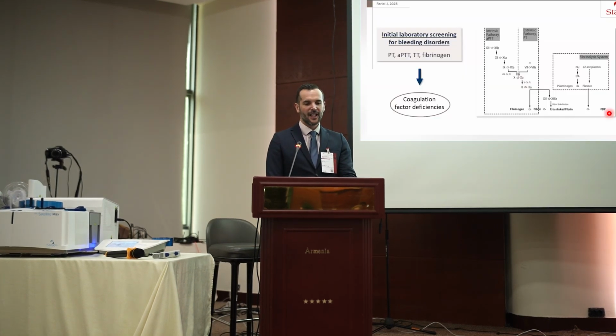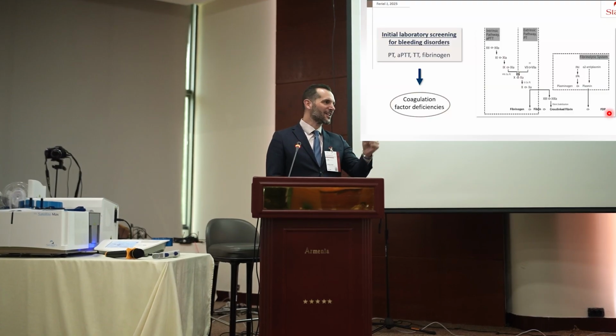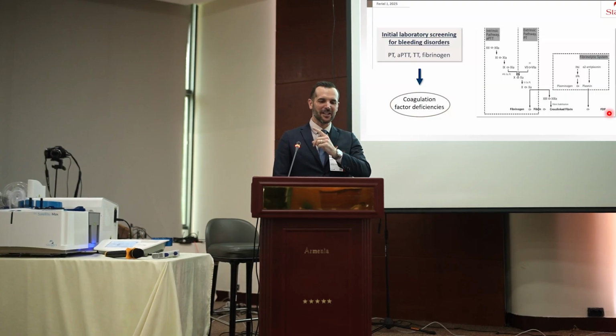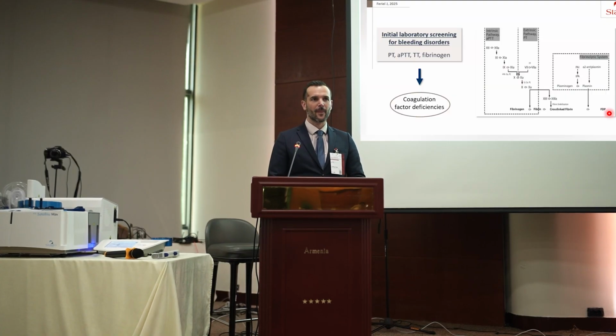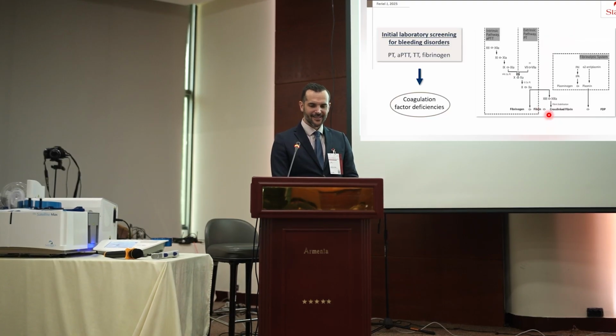On the first slide, I told you that prothrombin time, activated partial thromboplastin time and fibrinogen allow to detect coagulation factor deficiencies. But in fact, this is not 100% true, because as you can see in this figure, these assays do not evaluate the final stage of coagulation, and consequently do not detect abnormalities in factor 13 and the fibrinolytic system.